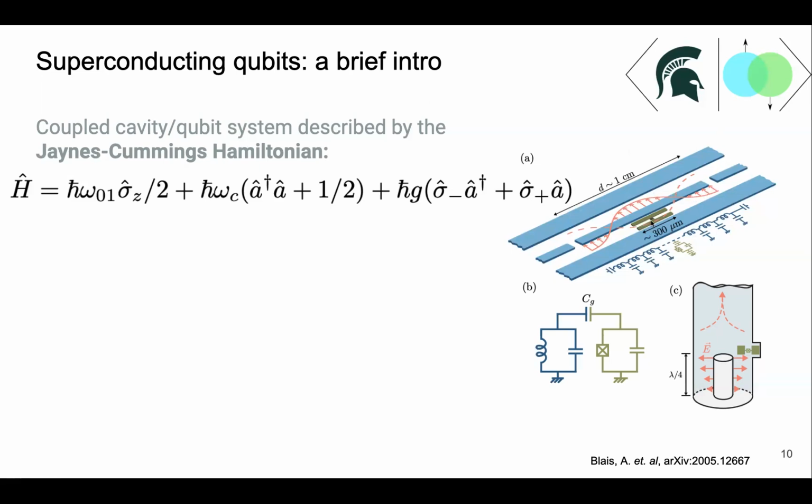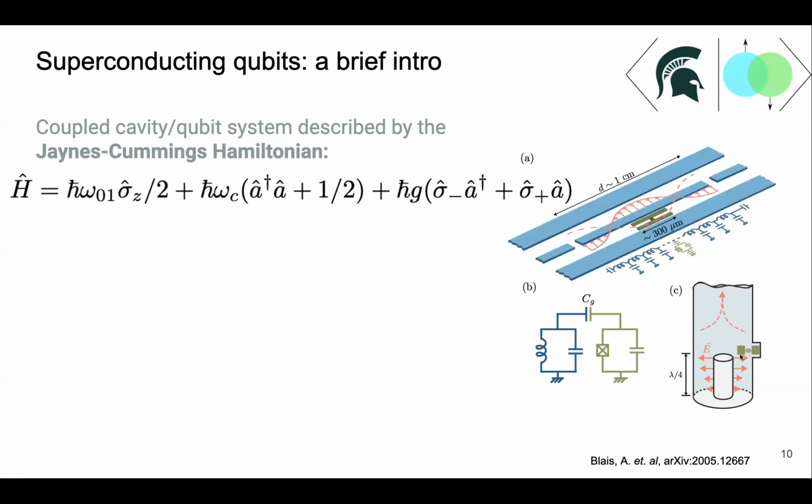The Josephson junction is represented by this green shape that looks like an H. It's fabricated at a certain point in the transmission line such that the electric field antinode couples to the dipole moment of the qubit. The interaction looks something like the electric field dotted with the dipole moment, and it turns out that leads exactly to this interaction term in the Hamiltonian.